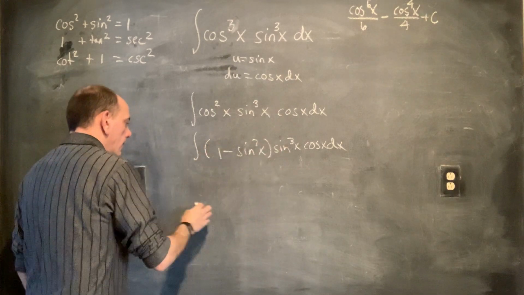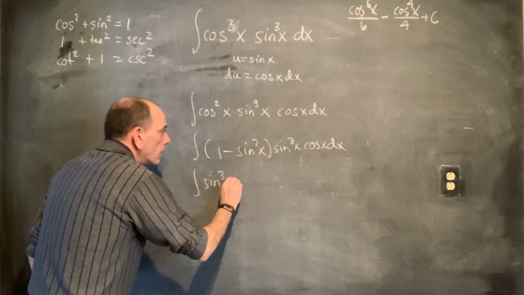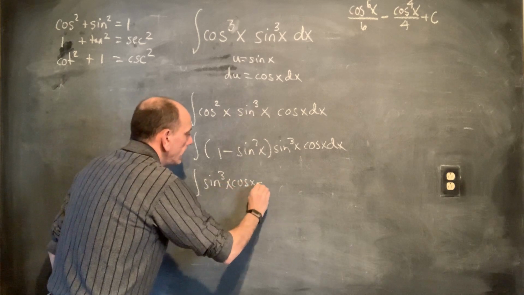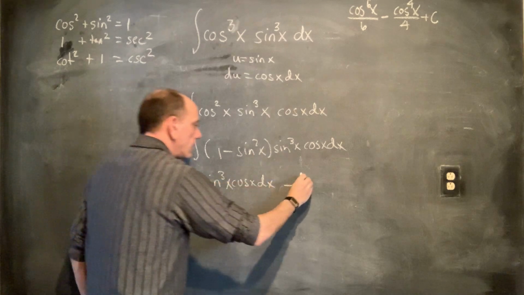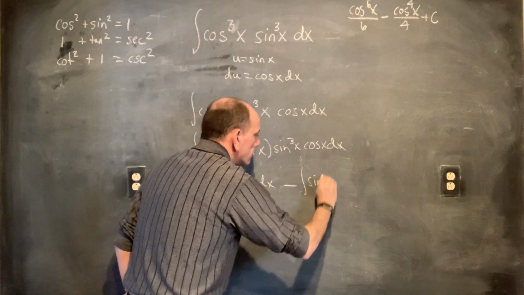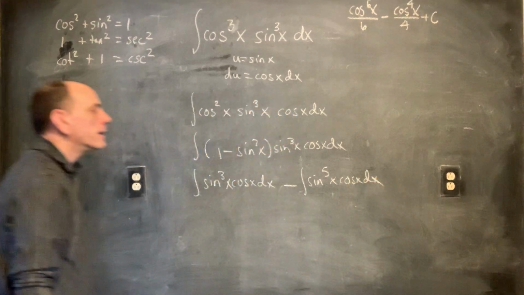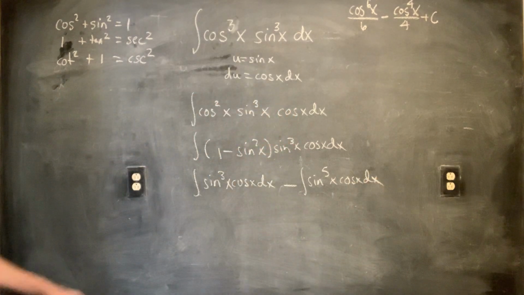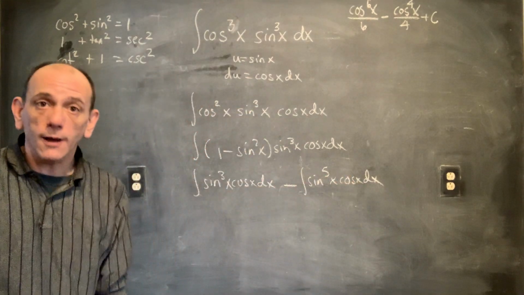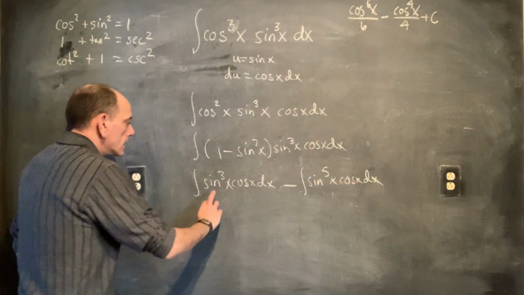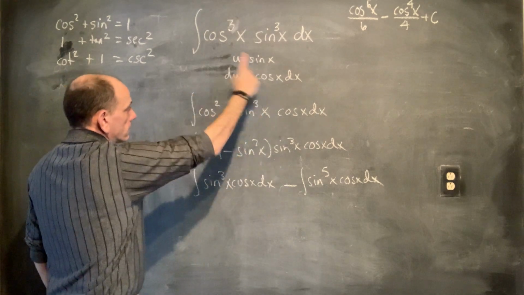Okay, and I'm just distributing through now. We've got sine cubed of x cosine x dx minus, this will give us a sine to the 5th cosine x dx. And beautiful, right? Here our du is just sitting there waiting for us to u sub. In this case, I don't have to worry about the signs flip-flopping because it's just a positive.